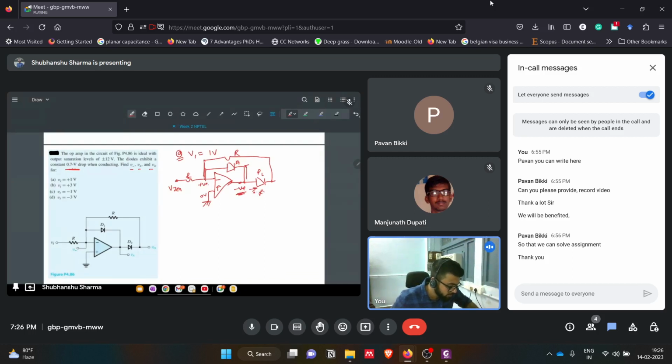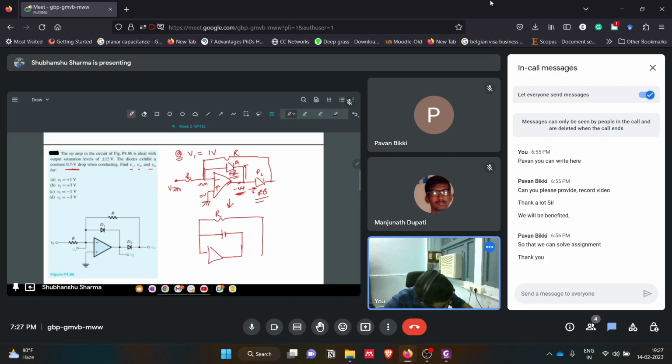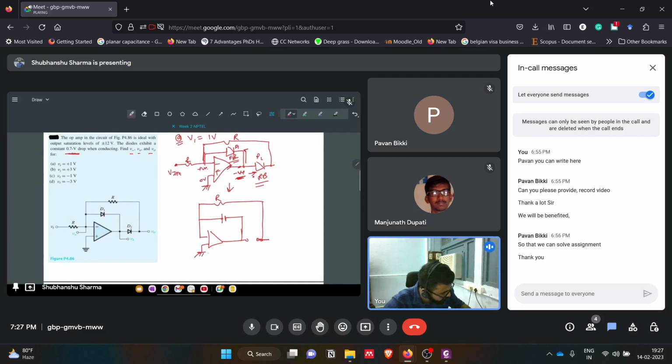It will reverse bias this diode, but at the same time it will follow through the other one. So how will the circuit look? Since this is a non-ideal diode, we'll have this: this is R, this will be open since it is in reverse bias, and this will be grounded, and we have this R. Just get a feel for how you will approach such a question.